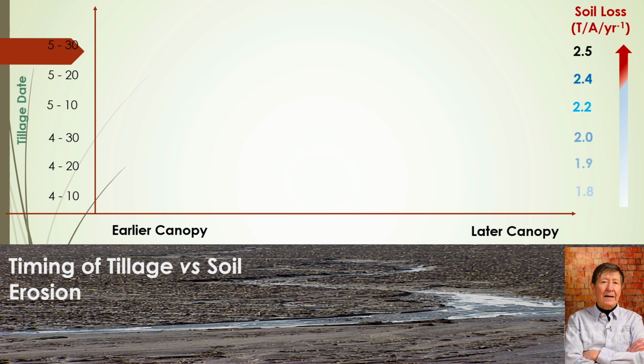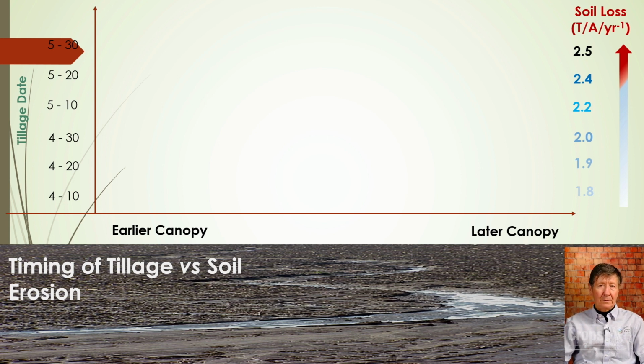On the right-hand side, we've identified what we've estimated our soil erosion rates would be. We've kept everything else constant except moved the tillage and planting dates in all fields. As we delay our planting dates, and if we get more rainfall in the spring, that very well could happen, we see our soil loss rates also increasing.